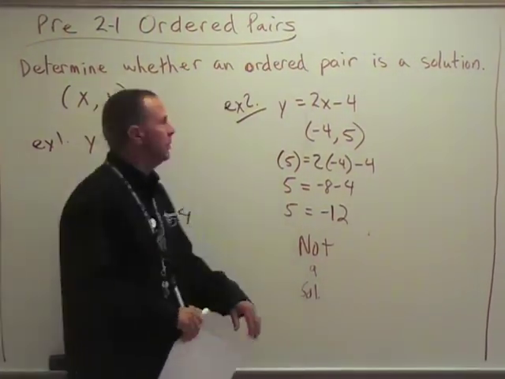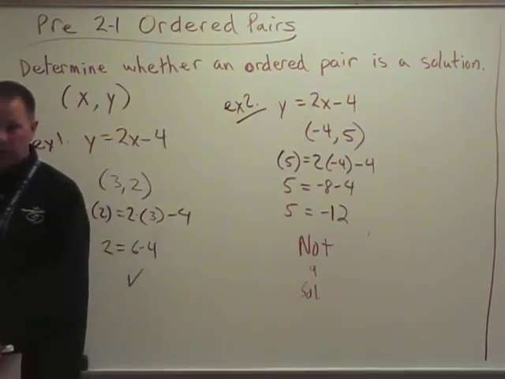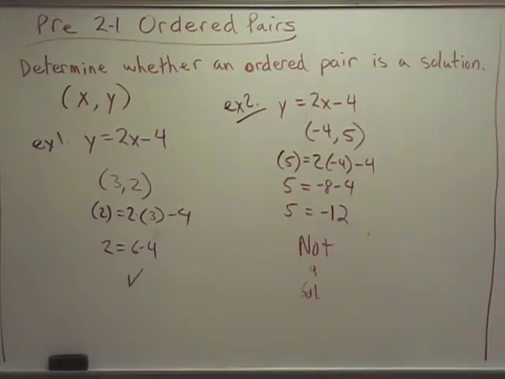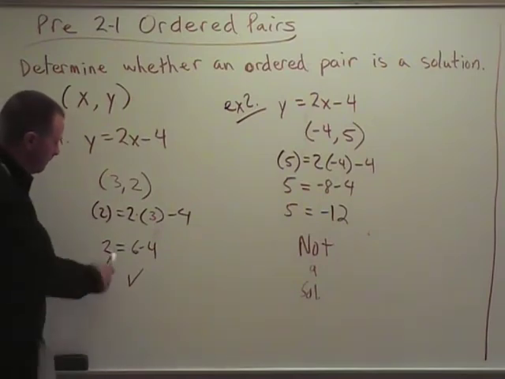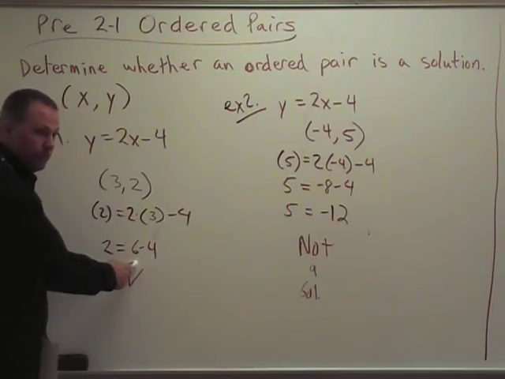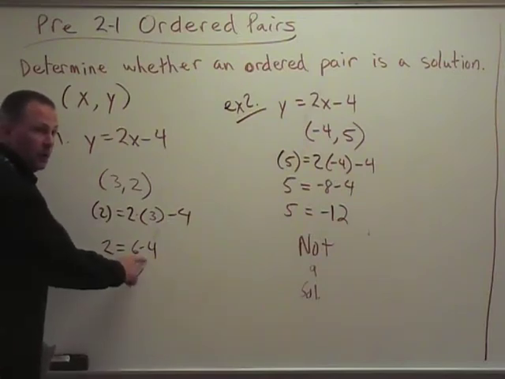Everybody understand what to do when you see the instructions to determine whether the ordered pair is a solution? Nephew? On example 1, yeah, it's 2 equals 6 minus 4. How would you know it's a solution? How is it a solution? What's 6 minus 4?